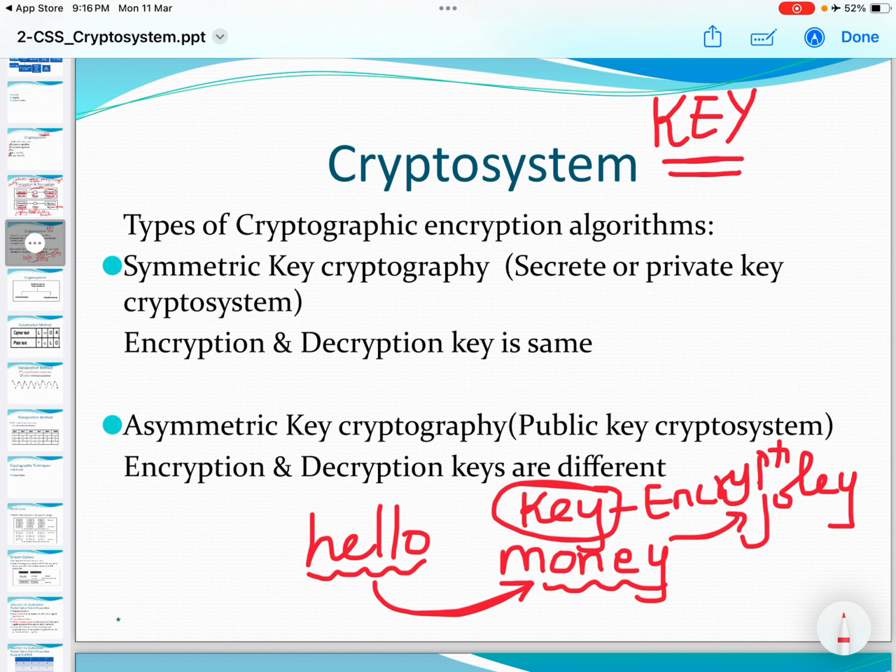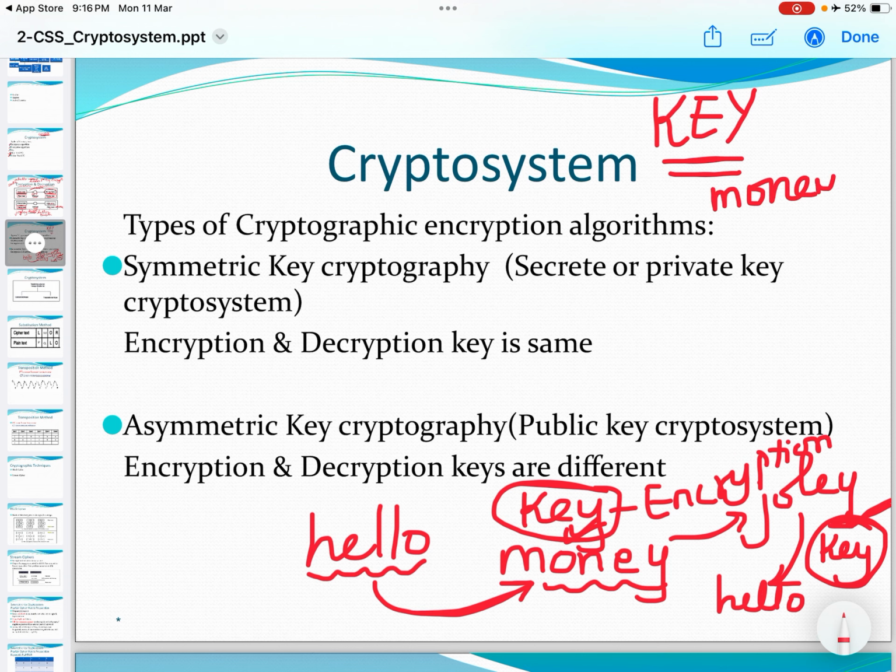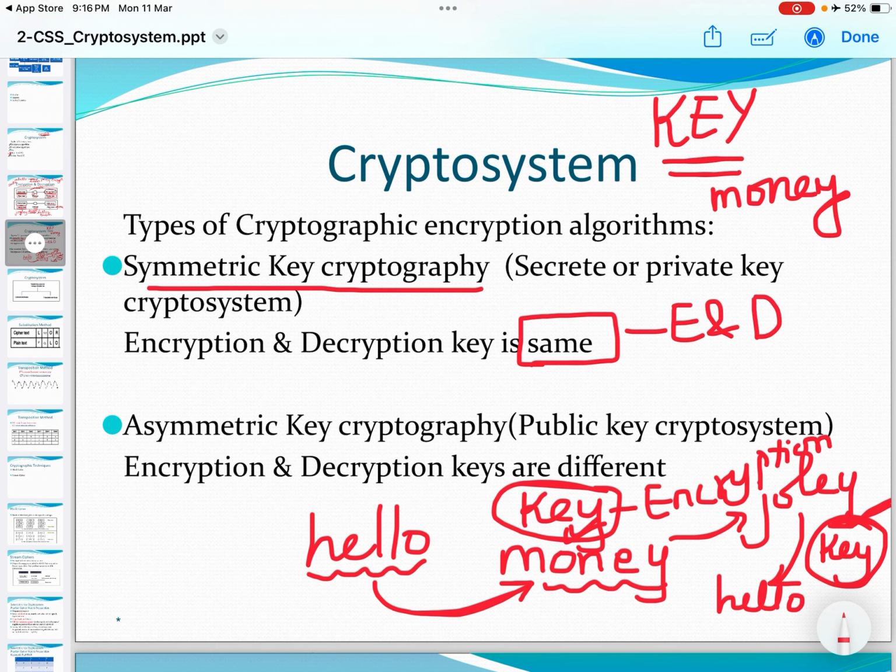Again this key is being used to decrypt this jolly back to hello. Again you use the key. So if you are using the same key, let's say you are using the same key money, then we say that it is symmetric key cryptography, where the same key is used at both encryption end and decryption, that is at both sender and receiver end.